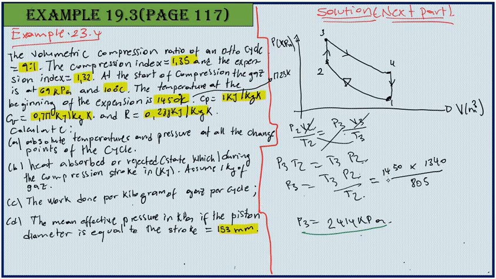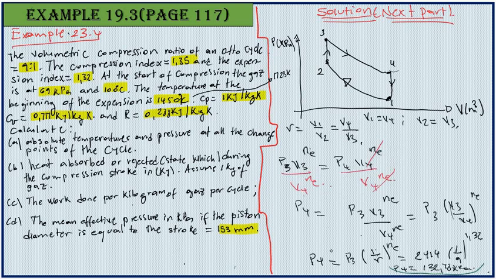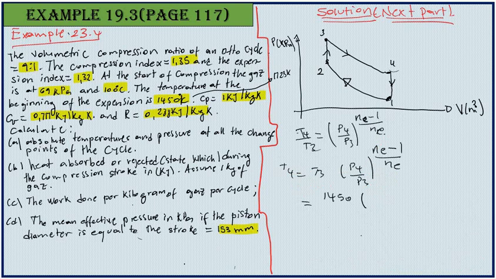T3 is 1450. No, it was not determined, it is given already. So we need to put it. And P4 is 132.78, divided by P3. We know what P3 is.